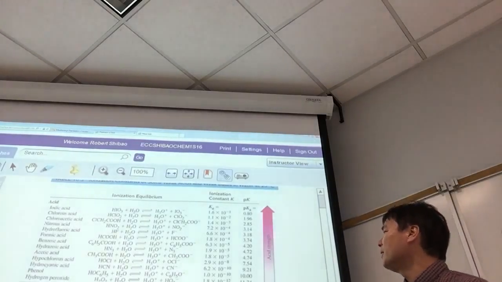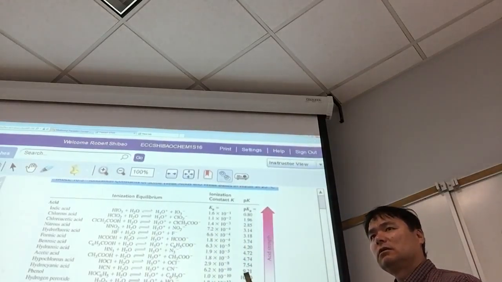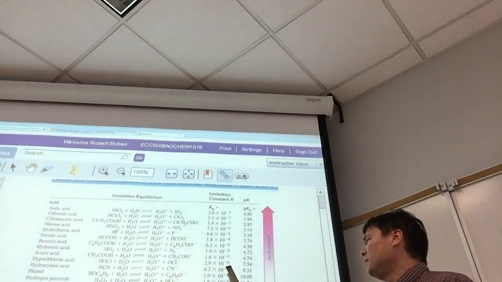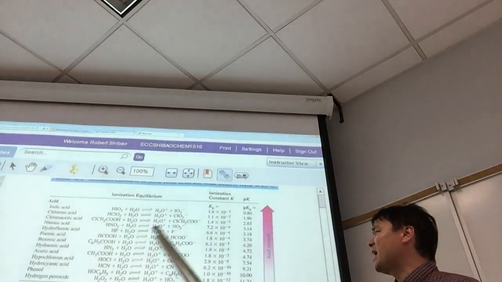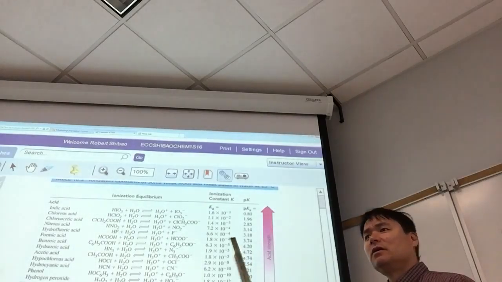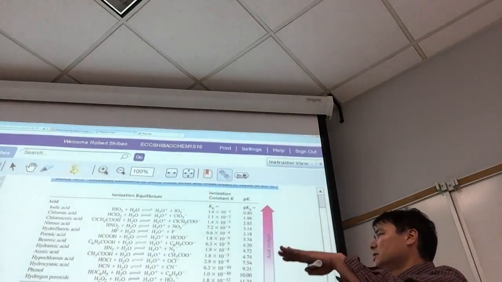For example, if I wanted a buffer of pH 7, I don't see that here. And so if I want a buffer pH of 7.00, I've got to look for some acid that has a pKa of 7.00. Do you see it? No, so sometimes we have to adjust the pH.